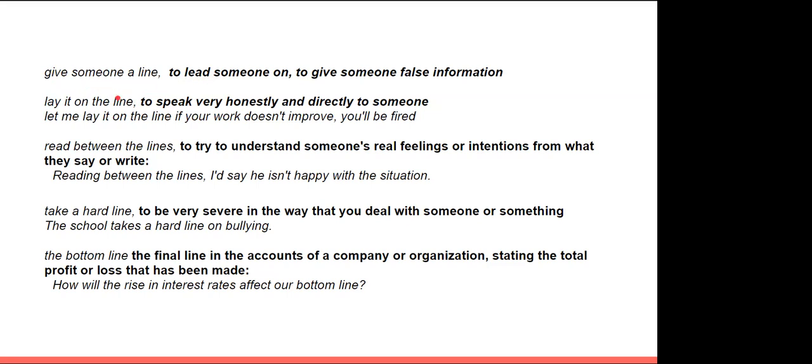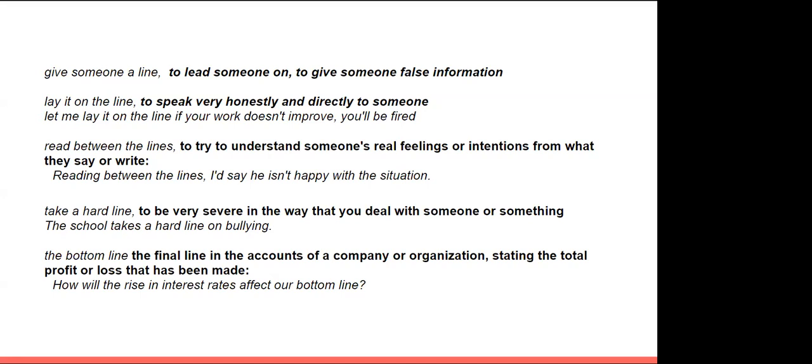Lay it on the line means to speak very honestly and directly to someone. Please. An example, let me think. Okay, I'll lay it on the line so you won't lose your job.